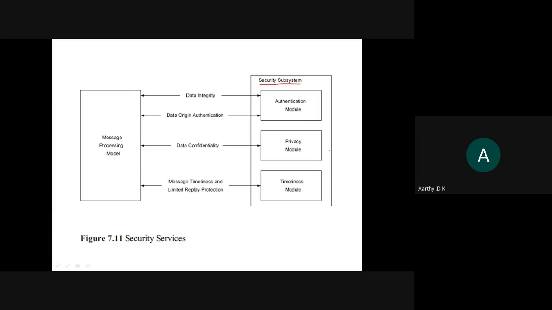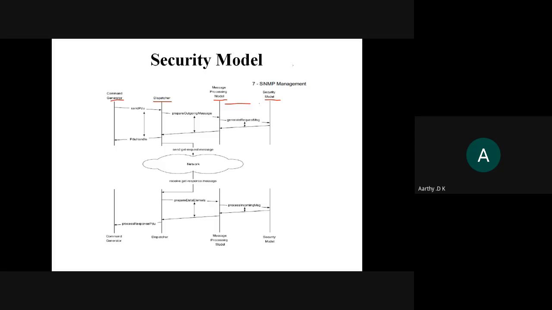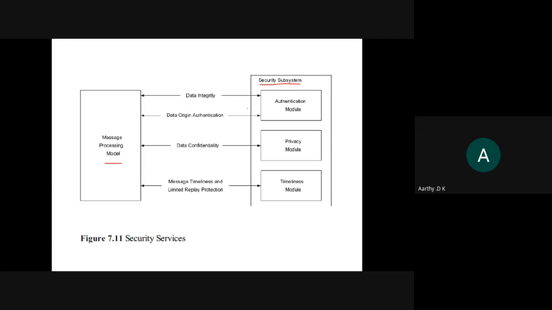These modules will help to provide the authentication and security. We will be looking at each of these modules. In this diagram, we see that the message processing model and the security model communicate to provide the authentication, right? So how does it happen internally?